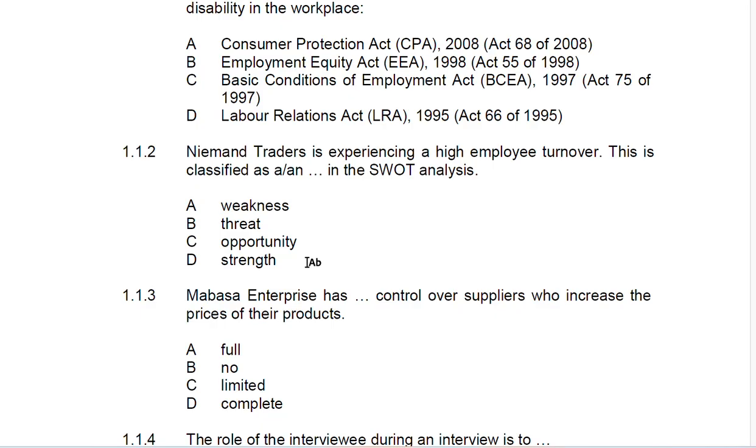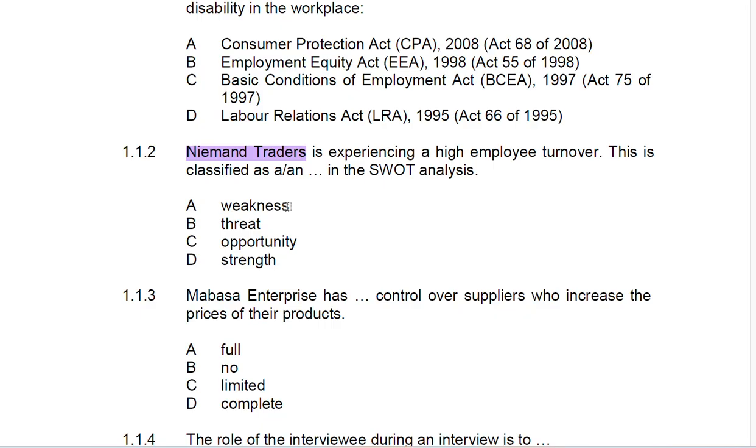So it is not an issue that is faced by the industry, but it is an issue that is experienced specifically by the company that you are looking at. So now, when you look at all those answers that you've been provided, you can agree with me when I say the correct answer to this question is weakness.